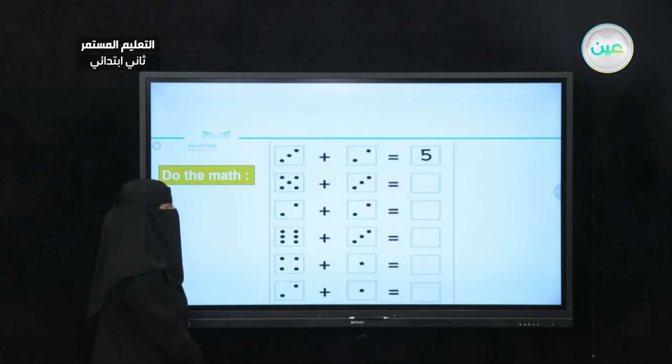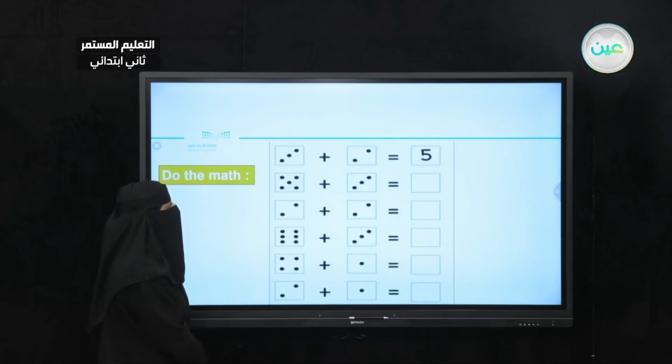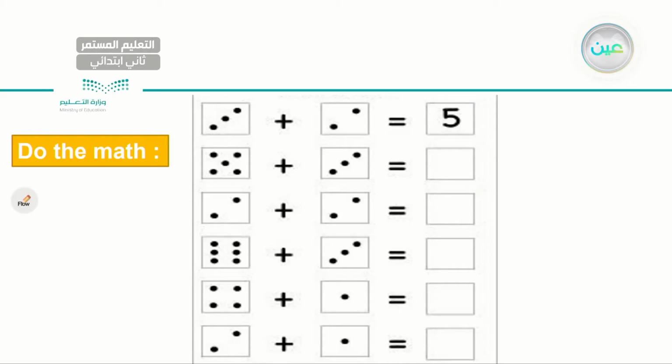Now, we've done this before. Let's do it one more time. So I have 5 plus 2, the first one I gave you as an example. Let's do the next one. 5 plus 3 equals 8. Very good. 2 plus 2 equals 4.